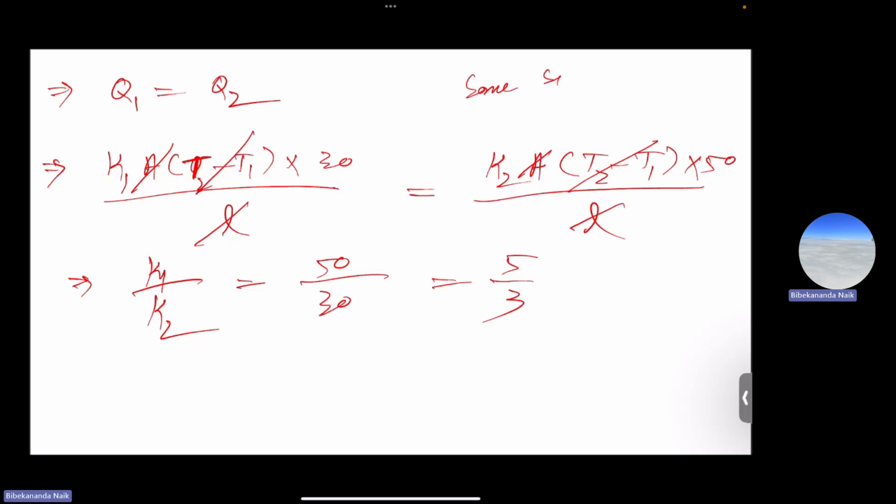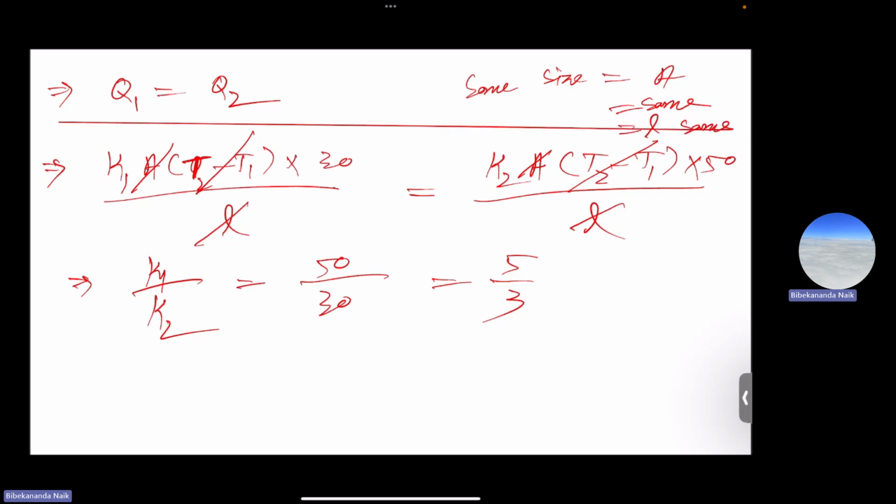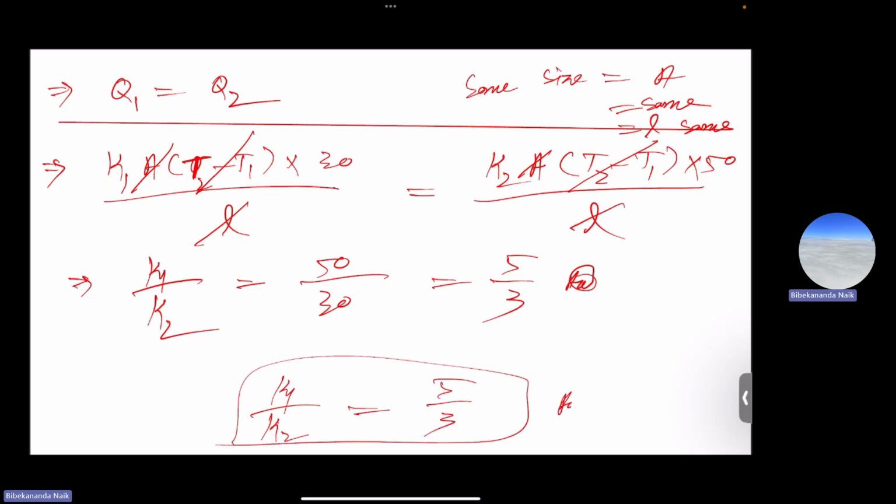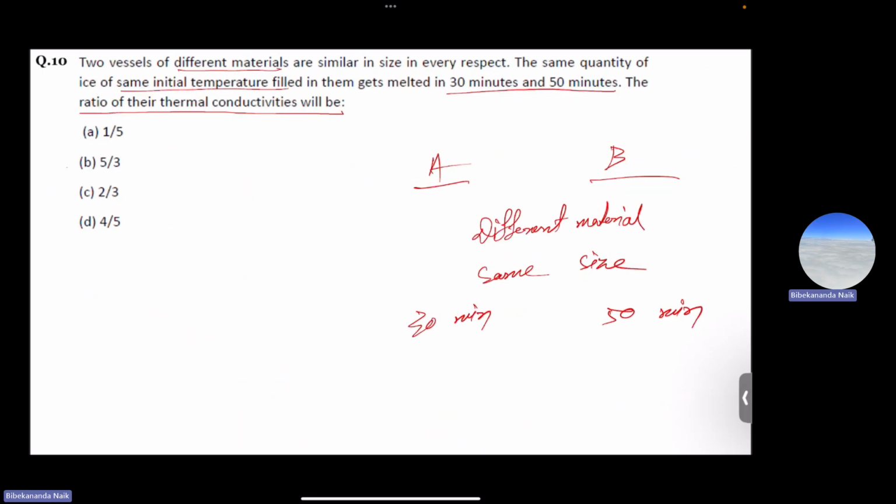So same size means A is same, L is same. So K1 by K2 is equal to 5 by 3. This 5 is to 3. So the correct option will be option B, 5 by 3.